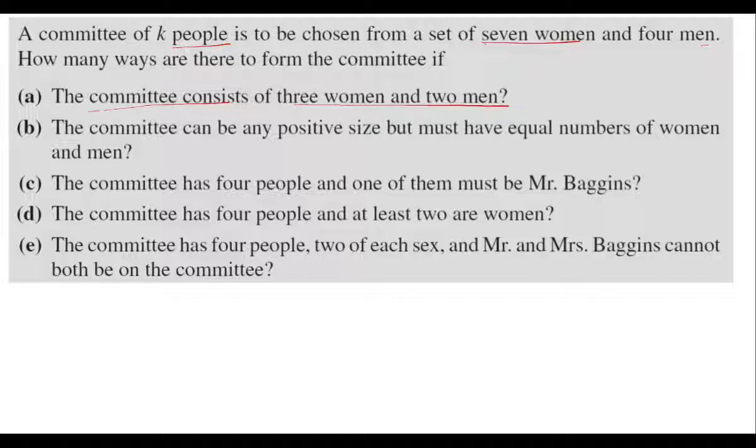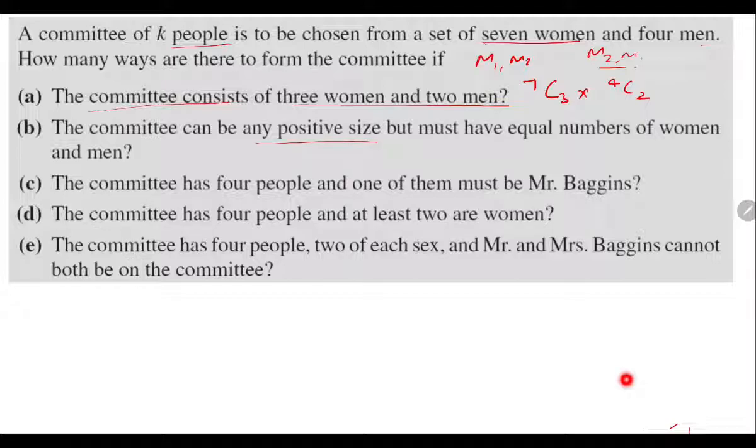When you say that this committee has 2 men, either it is M1 M2 or it is M2 M1, doesn't matter. The men are different objects, but the order doesn't matter, and that's why it would be 7C3 multiplied by 4C2.